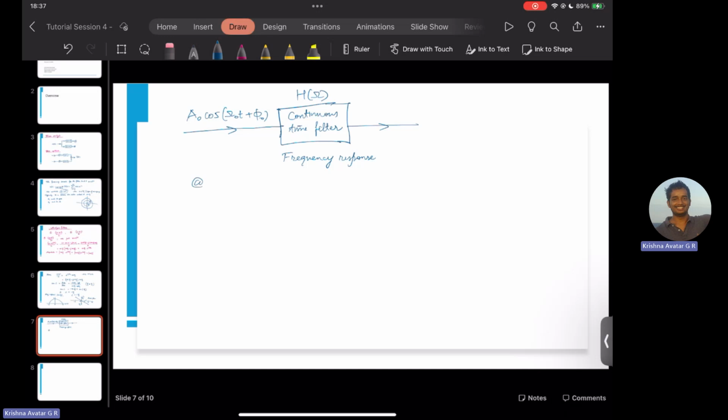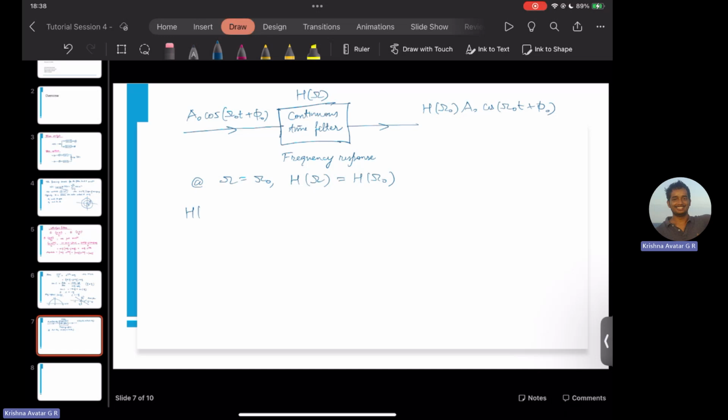However, at omega equal to omega naught, H will act on omega naught, right? So the signal will be multiplied by H of omega naught into A naught cosine omega naught t plus phi naught.